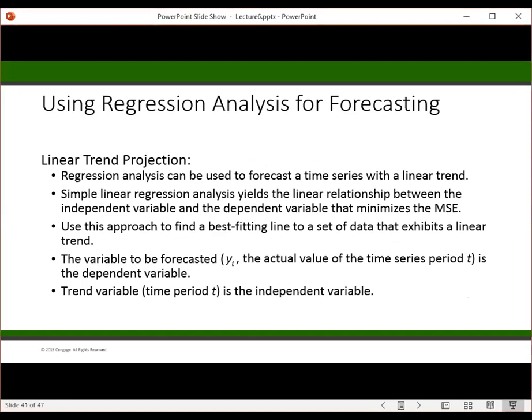sales amount. So again, we can use regression analysis to forecast a time series if it has a linear trend. A simple linear regression analysis is going to give us the relationship between the independent variable and the dependent. And we want to look at the trend over time as the independent variable.